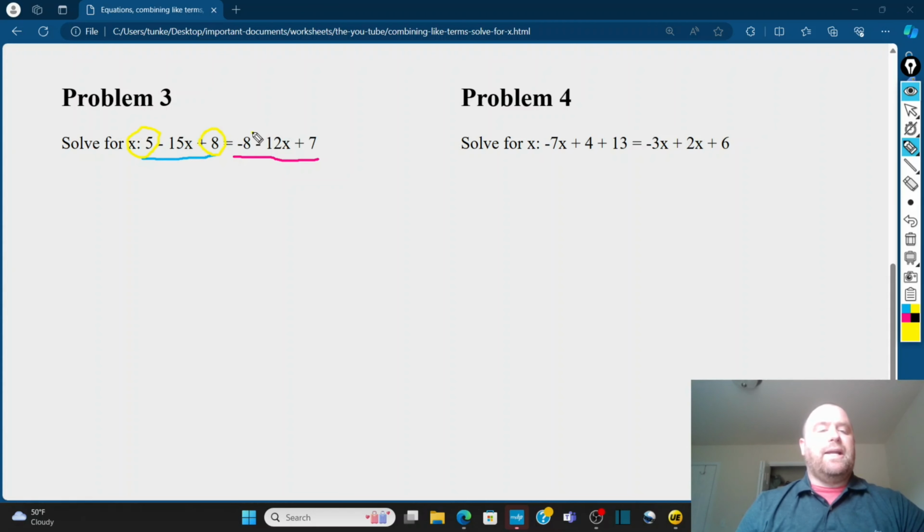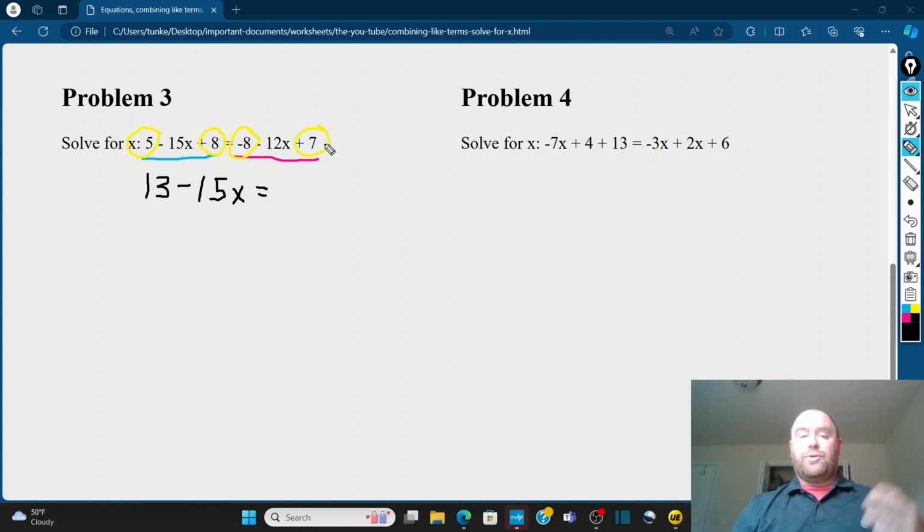On the right-hand side, negative 8 is like 7. So let's combine those terms on each side. So 5 plus 8, that's going to give me 13. So we'll have 13 minus 15x on the other side, negative 8 plus 7.